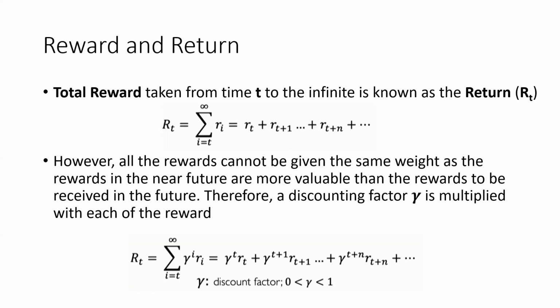When the agent sees the state, it would think, okay, if I take this action, what would be the return, or the total reward that I get by discounting it? Then the agent should take, right, the best action that he has.